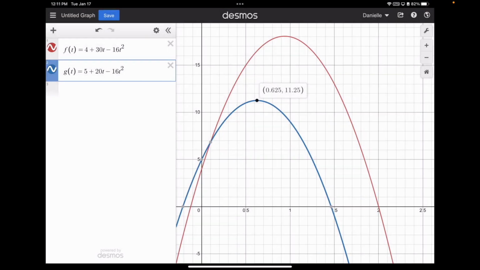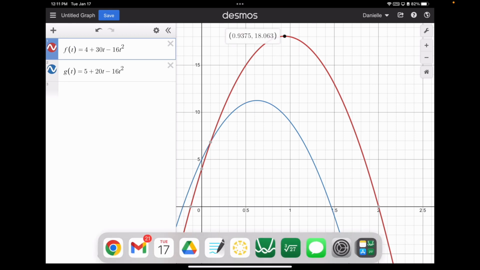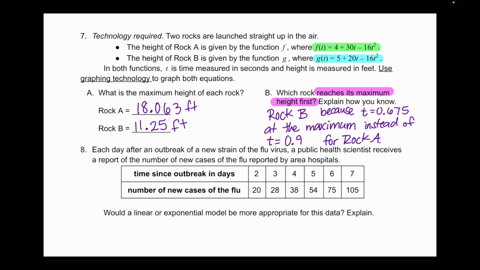So we had 625, I said 75, so I'll fix that. 625 and 9375, that's where I was getting that from. So 625. My bad. 625 and 9375. So it is rock B because it is sooner. 0.6 comes before 0.9. That's it for question 7.